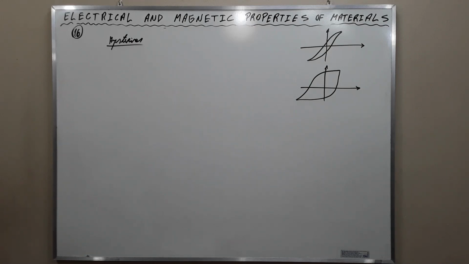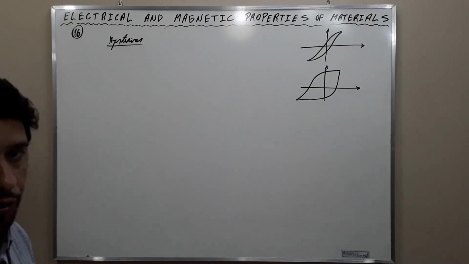We need to spend energy to realign the domains. In an AC system, domain alignment reversal occurs proportional to the system's frequency, and energy is lost in domain realignment. Okay, that's why we lose energy in hysteresis.